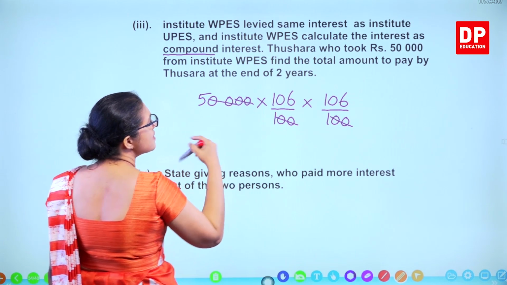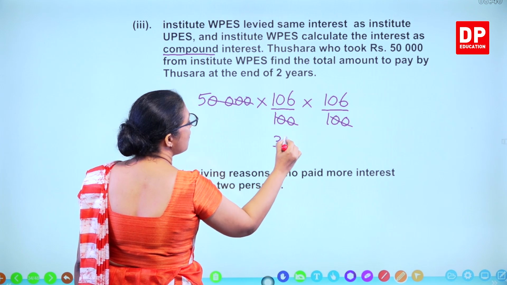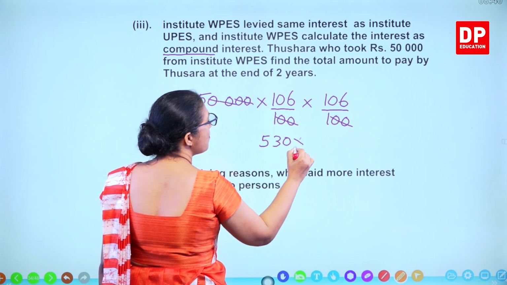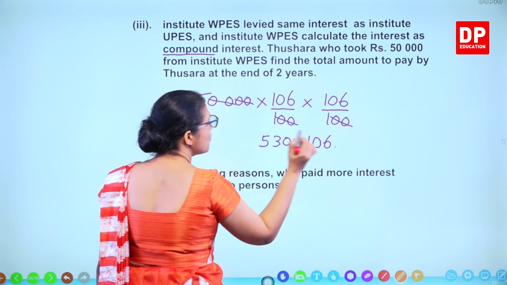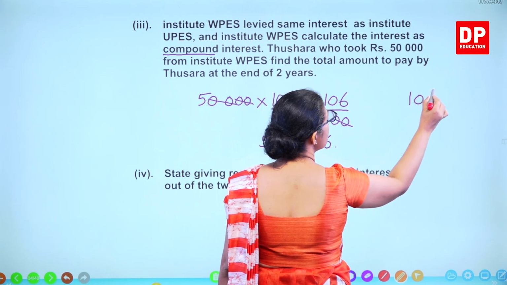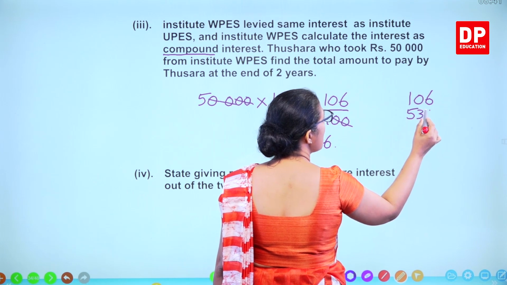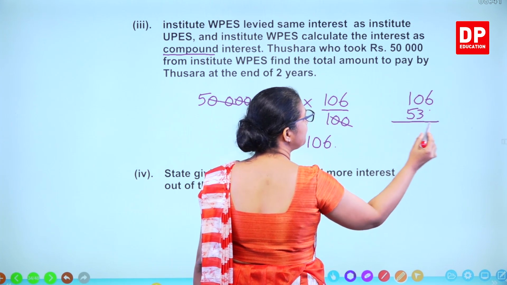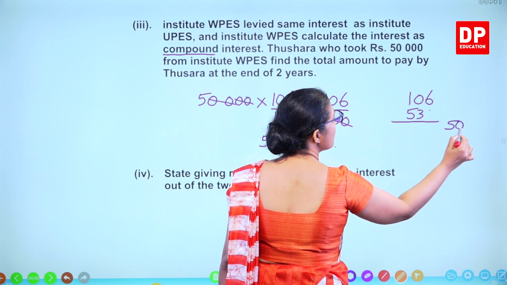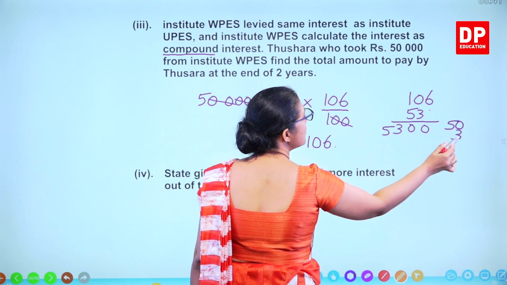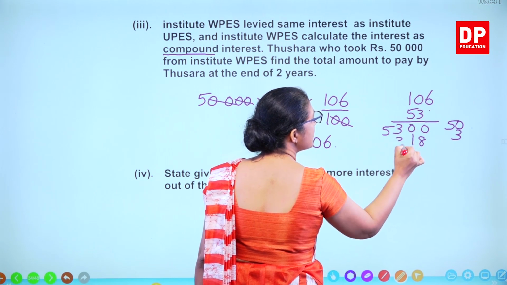5 times this is 530 and then multiply by 106. So we'll multiply 106 by 530, or you multiply by 53 and put a 0. 50 and 3. 3 times 6, 18, 3.